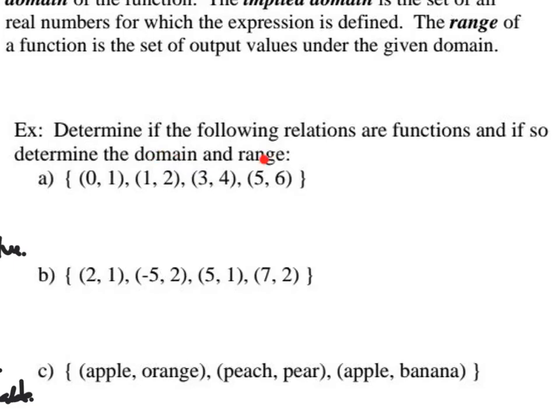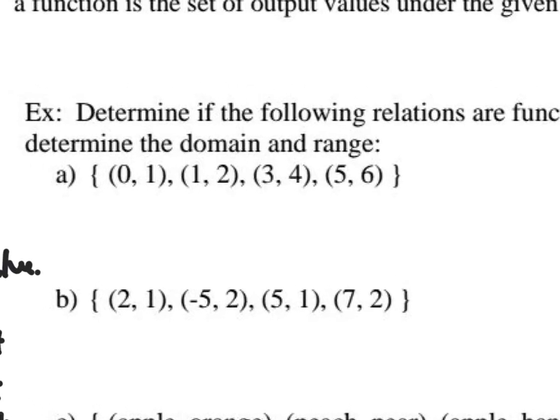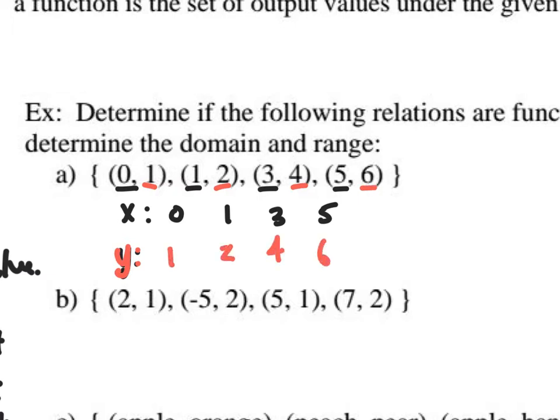The way I think about it is I write out my x values: 0, 1, 3, and 5. My y values, which I'll denote in red, are 1, 2, 4, and 6.